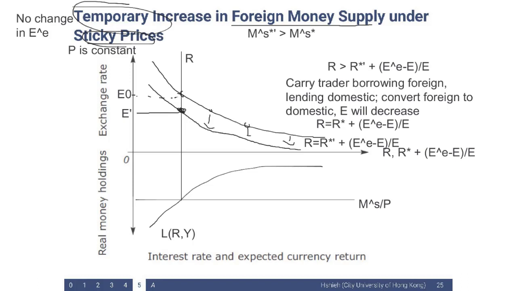Our equilibrium spot exchange rate is the intersection between this chosen R and UIP, and that's going to give us, let's call it E prime. And this point here was our starting point, E naught.